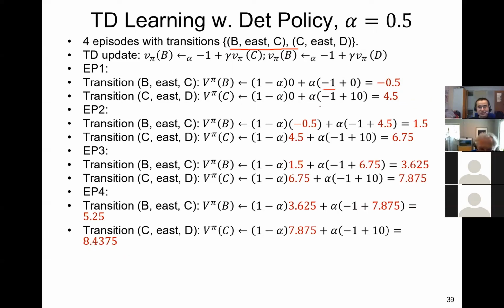And C to D, you get a reward of -1 and a value of 10. So episode 2, the same BCD, you plug in the old value of -0.5, and you get updated values 1.5, 6.75, and so on.